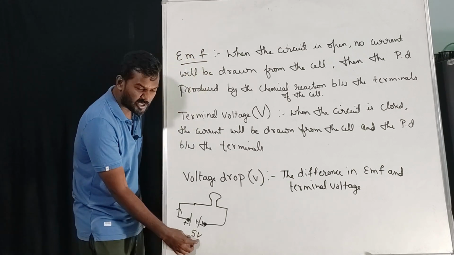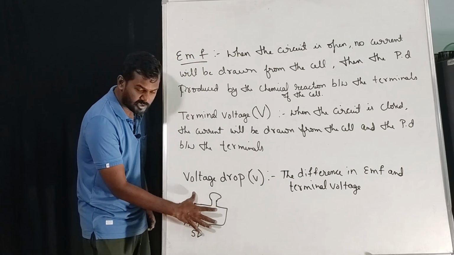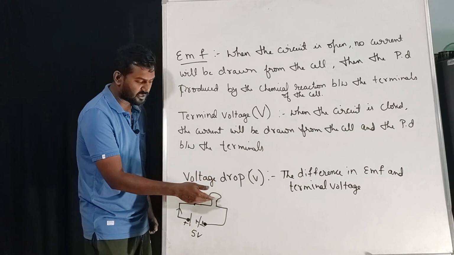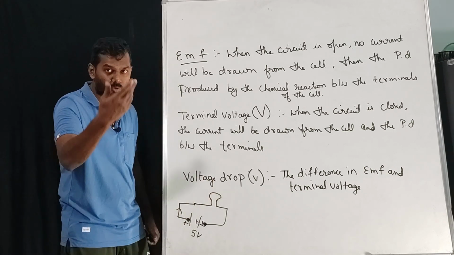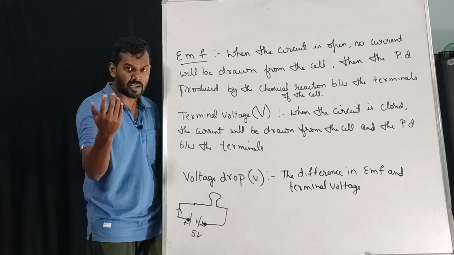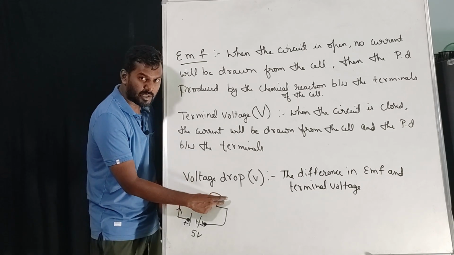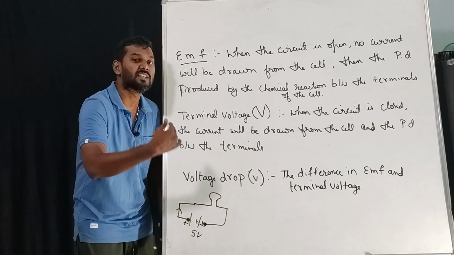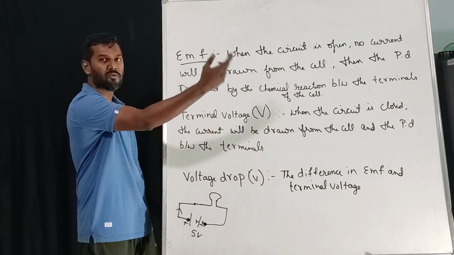EMF is nothing but the voltage in the battery. When the circuit is closed, the current flows, and because of the resistance in the conductors and the bulb, there will be a loss of voltage in the form of heat. So the lost voltage will be voltage drop. After losing that voltage, how much voltage is left? That is nothing but terminal voltage.